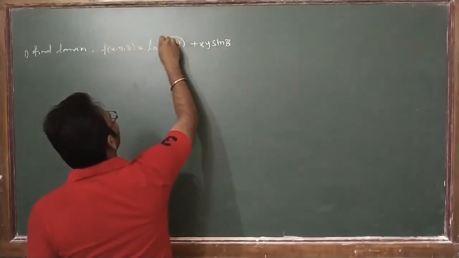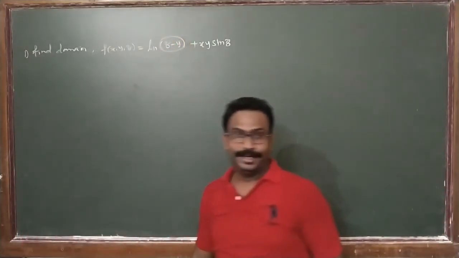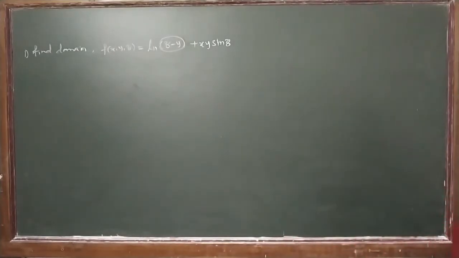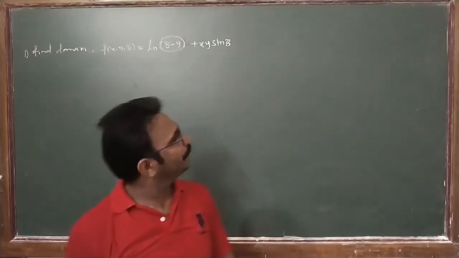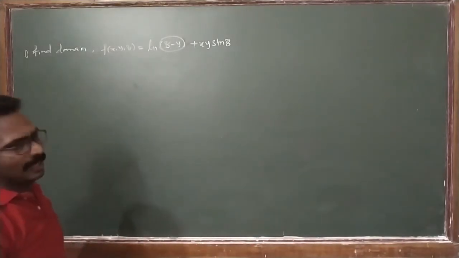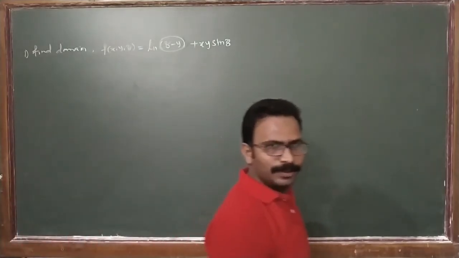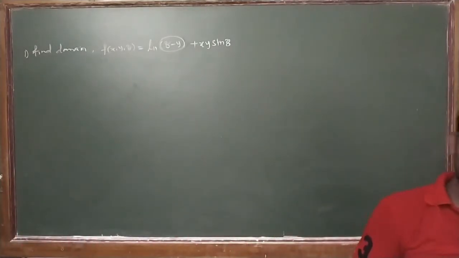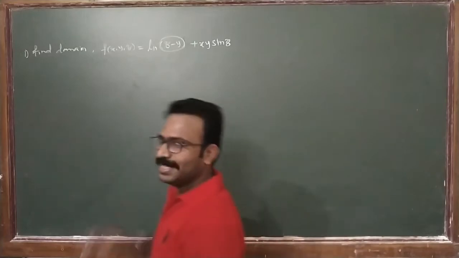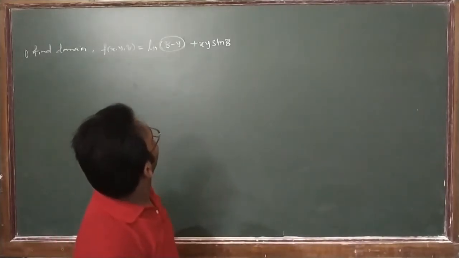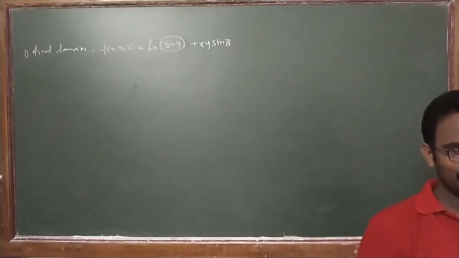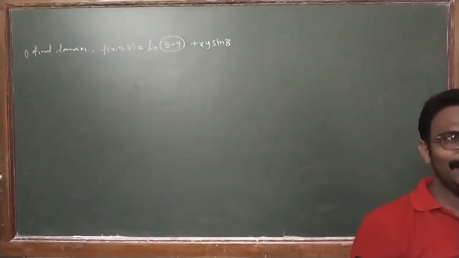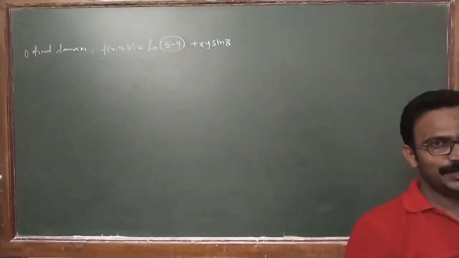Here it is a logarithmic function, so it does not give an output if the input is 0 or a negative number. Sin z gives an output for any real number, and x y is no problem. So the problem is with ln of z minus y. If this quantity is negative or 0, we should not get the output.